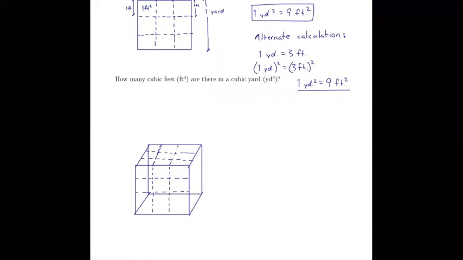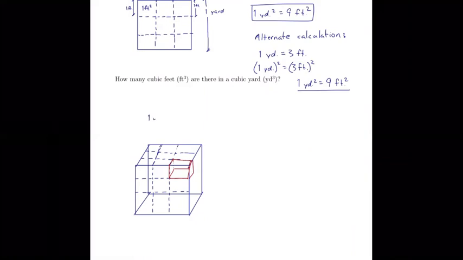So I'll draw one of these blocks in red. So in the back here, there's this 1 foot by 1 foot by 1 foot block right here that's making up this part of the cube, the 1 cubic yard cube here.